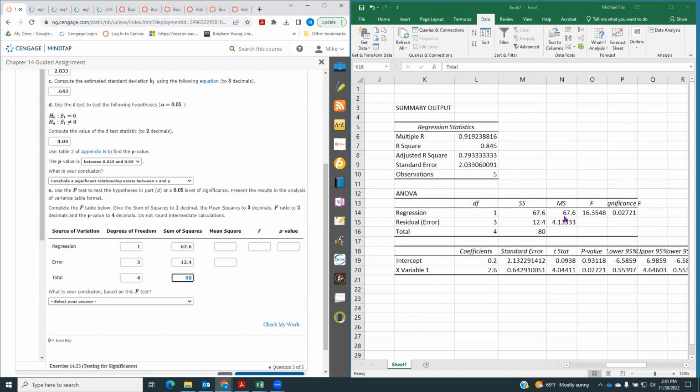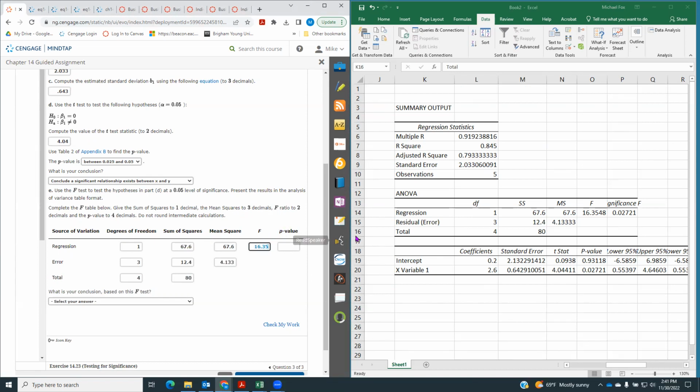Under mean square, we'll see 67.6 and 4.133. Under F, we'll see 16. Oh, it wants the mean square to 3 decimals. Okay, F ratio to 2 decimals, 16.35.